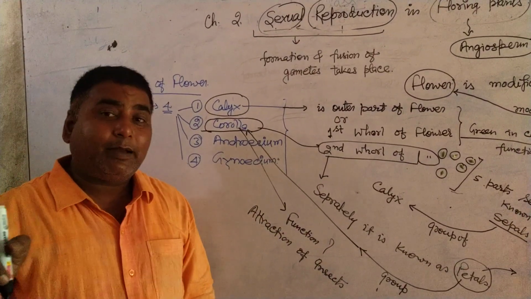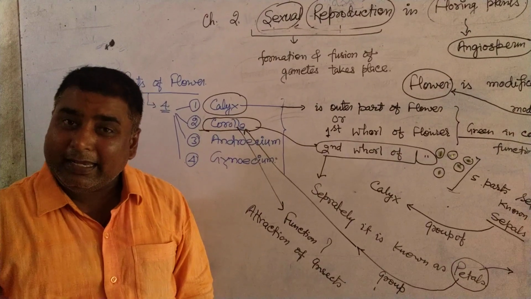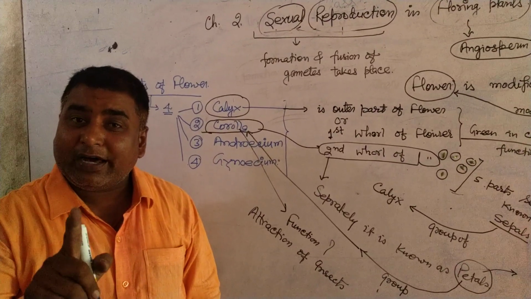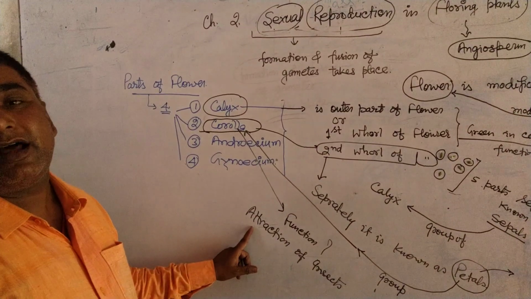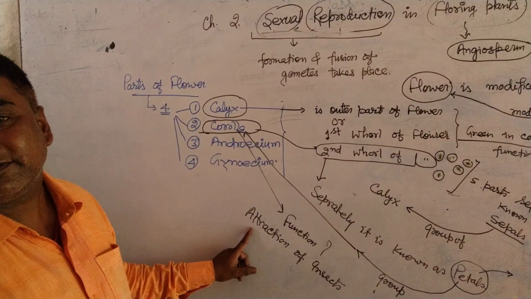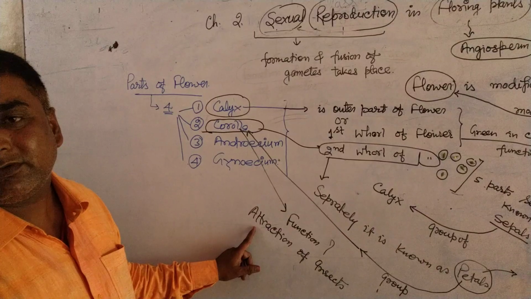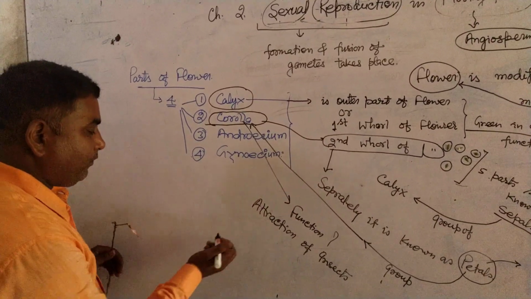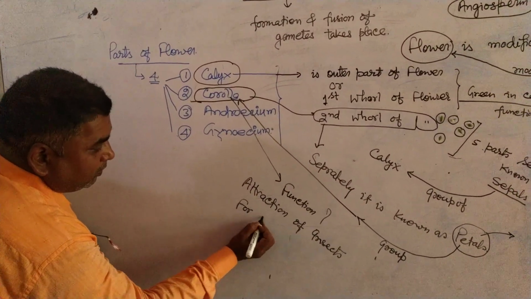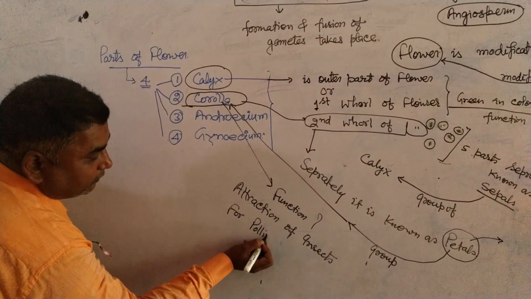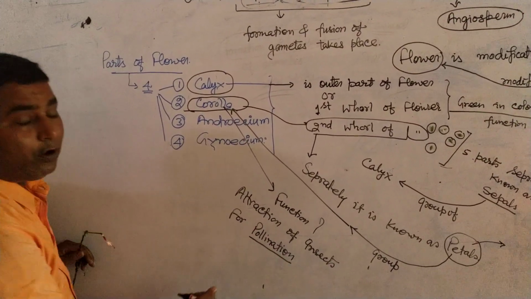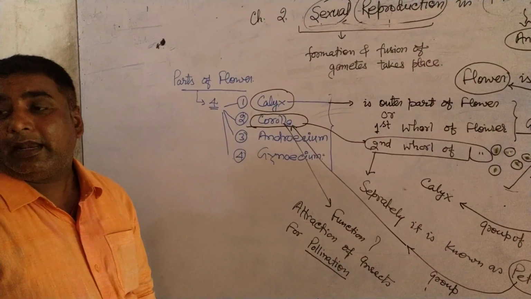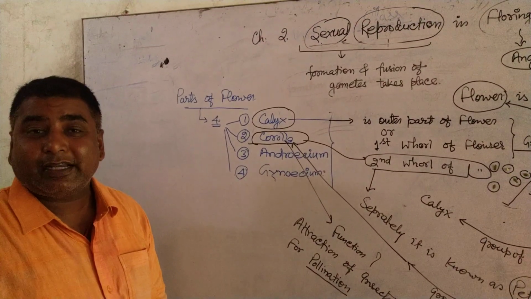Anybody of you tell me why a flower needs to attract insects? Anybody of you? For pollination. For pollination. Anybody of you tell me what is pollination?